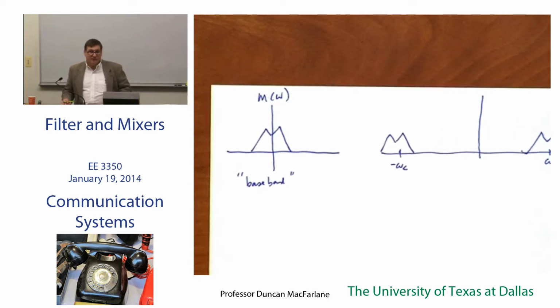It's now been shifted out. So the same voice message that I have, whatever that frequency content is, whatever that message is, it now imprints itself at a much higher frequency. And this is what I broadcast over the airwaves. Okay? This is what I broadcast over the airwaves.